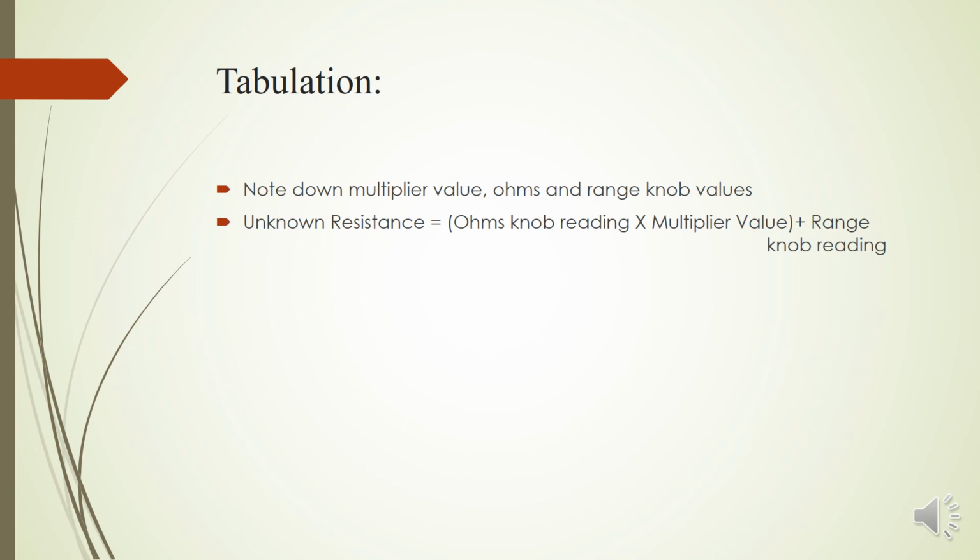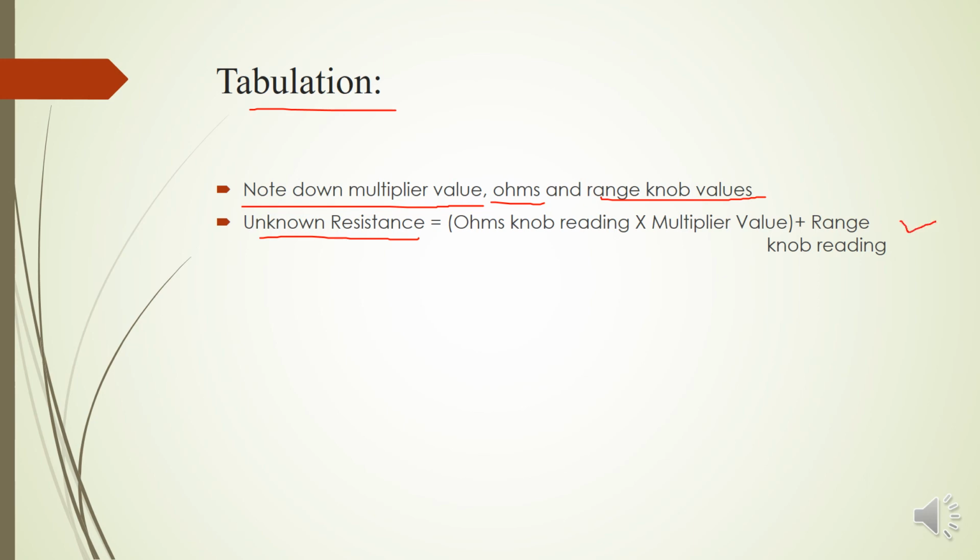Coming to the tabulation part. Here we need to know what are the values we need to note down. Note down the multiplier value, ohms value, and the range knob values. The unknown resistance can be calculated using the formula: ohms knob reading into multiplier value plus range knob reading.